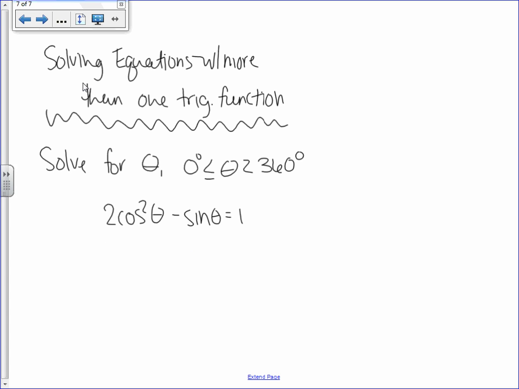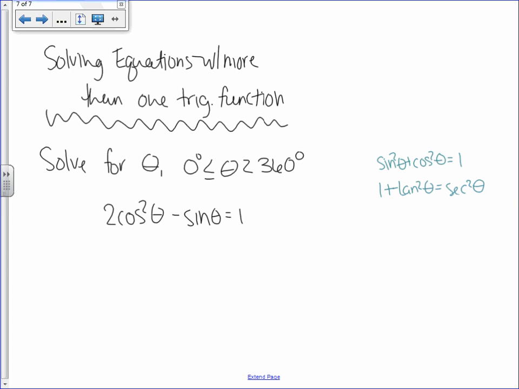But remember, we have all of these other different trig identities and trig formulas of different ways that we can write things. Remember, we always have our Pythagorean identities, which is sine squared theta plus cosine squared theta equals 1. We also have 1 plus tangent squared theta equals secant squared.